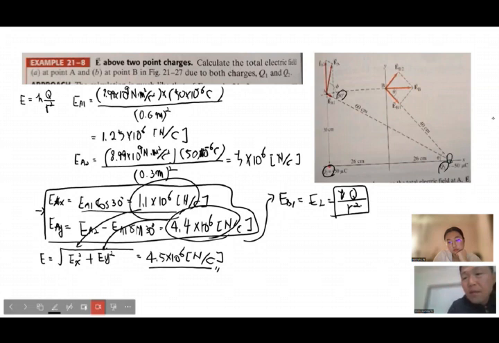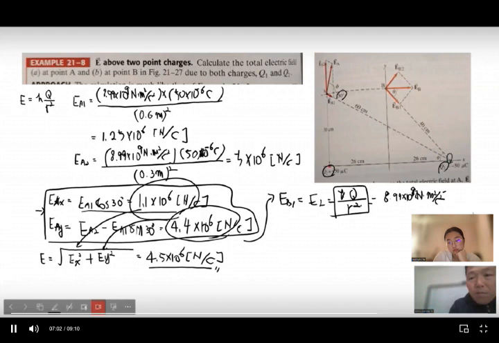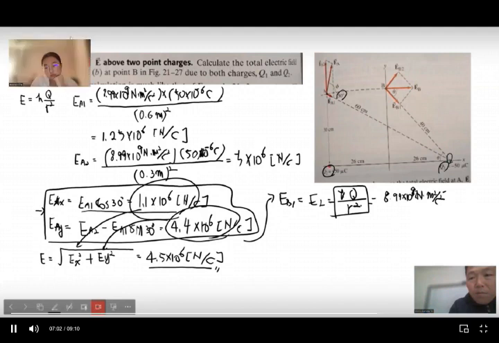So basically, EB1 and EB2 is 8.99 times 10 to the 9 Newton square meter per square Coulomb, times the Q value.